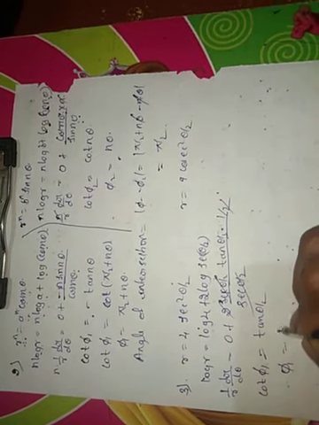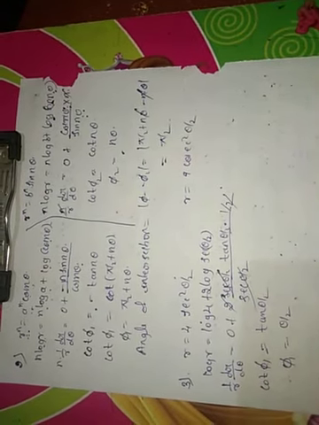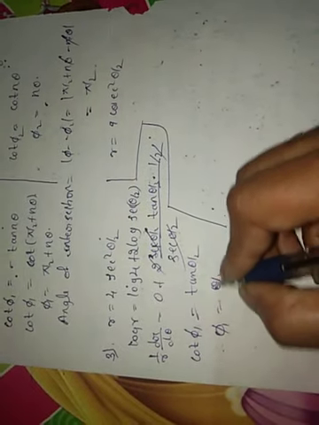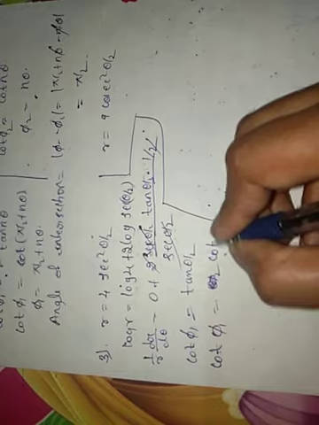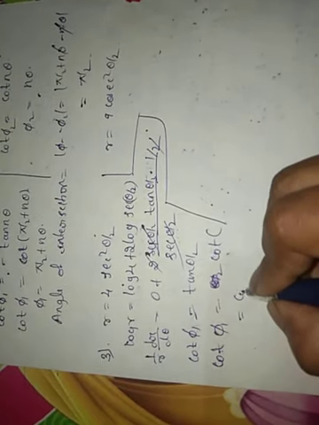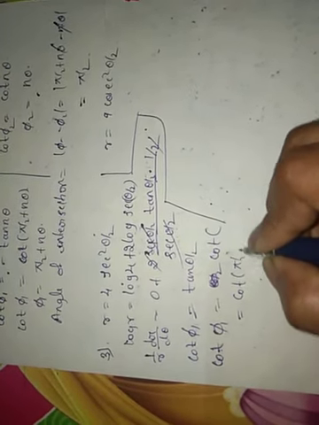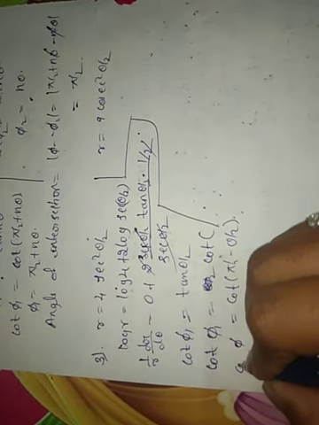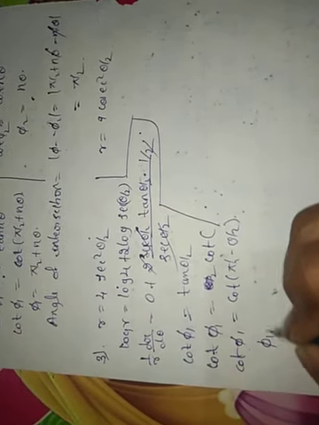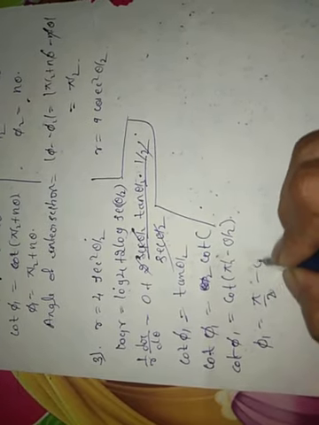Convert tan in terms of cot of 90 minus theta by 2. So by comparison phi 1 equals pi by 2 minus theta by 2.